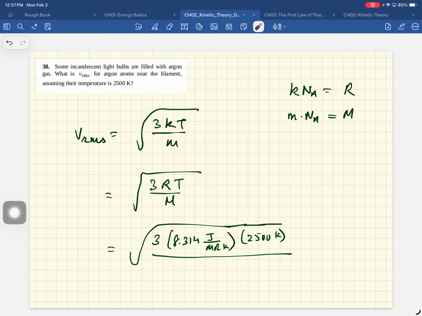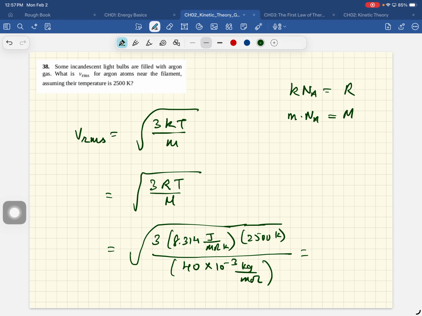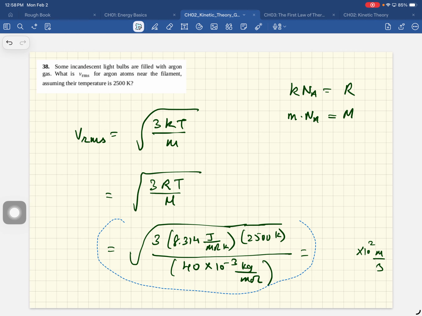Okay, so this will work out too. So the RMS speed is 1250 meters per second.